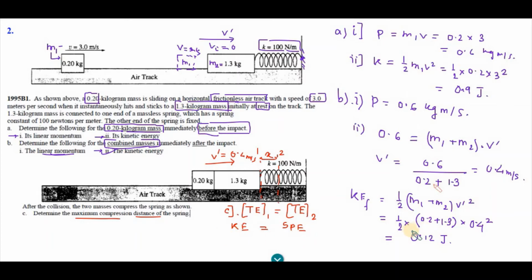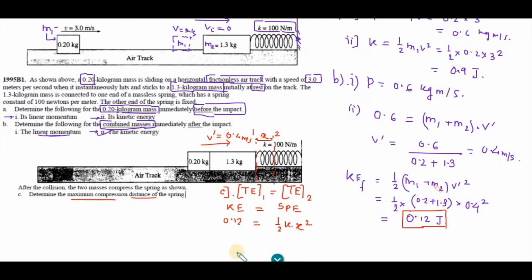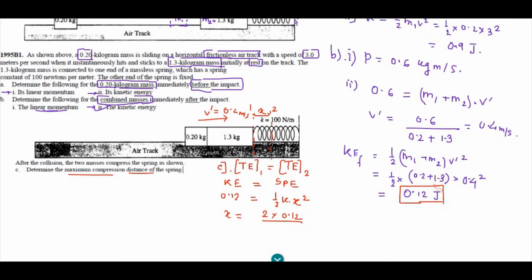Kinetic energy, which you have already computed, is 0.12, and that is equal to the spring potential energy, half into k into x squared. So from there we find x, that is the square root of twice 0.12 upon k. The k value is already given in the statement, 100 Newton per meter.